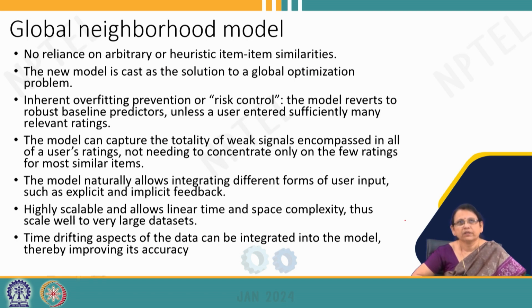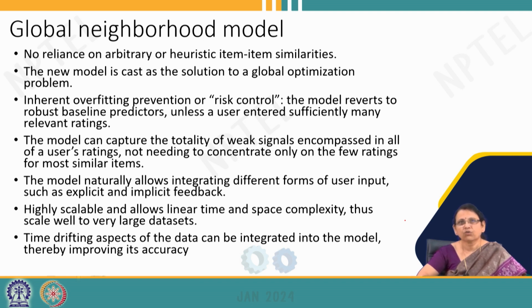Now, we are going to look at something called the global neighborhood model. In fact, while talking about neighborhood based methods, we also saw how regression concepts can be brought in, and instead of using similarity values which are determined heuristically, we were determining those values from the regression model.